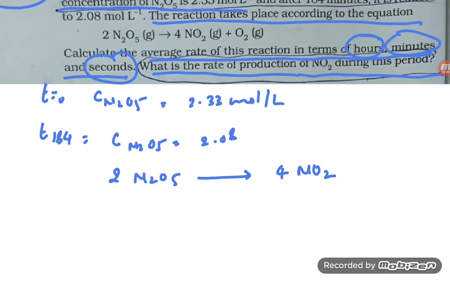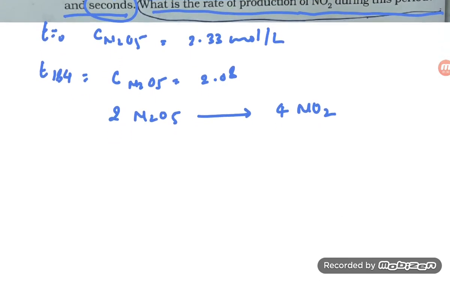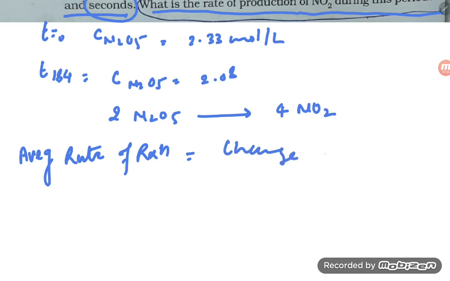Calculate the average rate of reaction, then production. Let us see, student, the rate of reaction. So the average rate of reaction is what, student? Change in concentration divided by time taken.